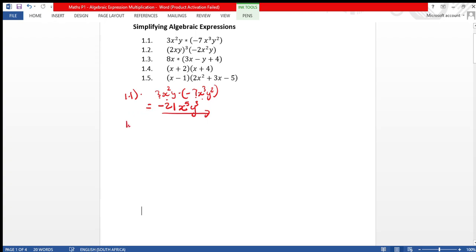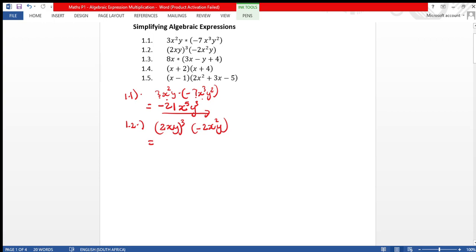Now let's do 1.2. You've got 2x, everything cubed, then you have minus 2x squared y. Remember to start with the cube first before you multiply. Don't just multiply right away.